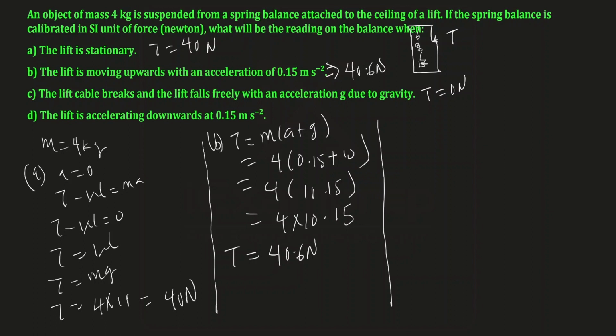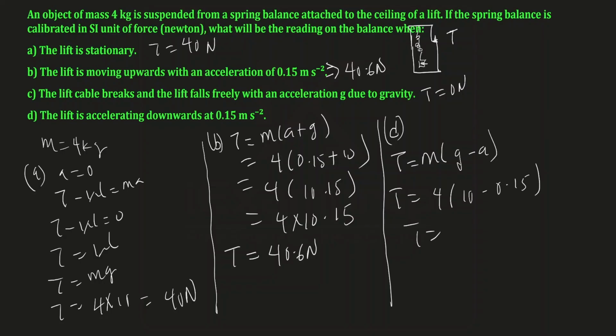Then for the fourth one, we have that it is accelerating downwards at 0.15 meters per second squared. So this is downward motion. Then T equals m into (g minus a) in this case. So this is going to be equal to, the mass is 4, we have 10 minus 0.15, which is 9.85.